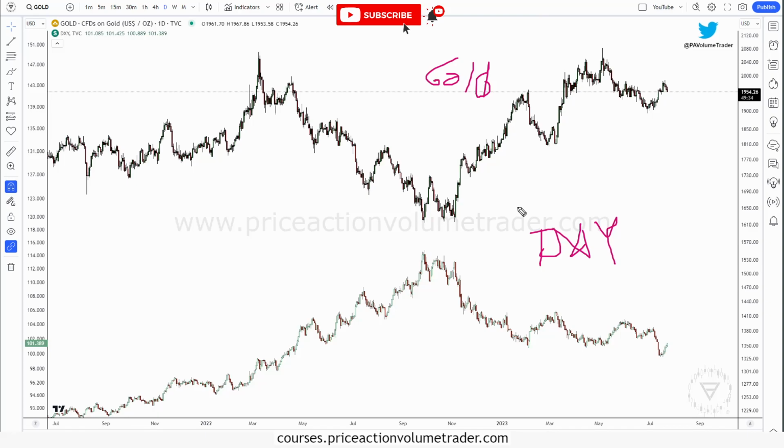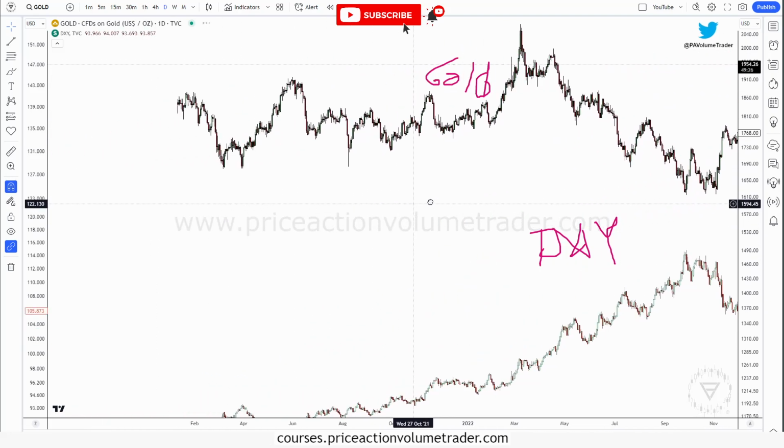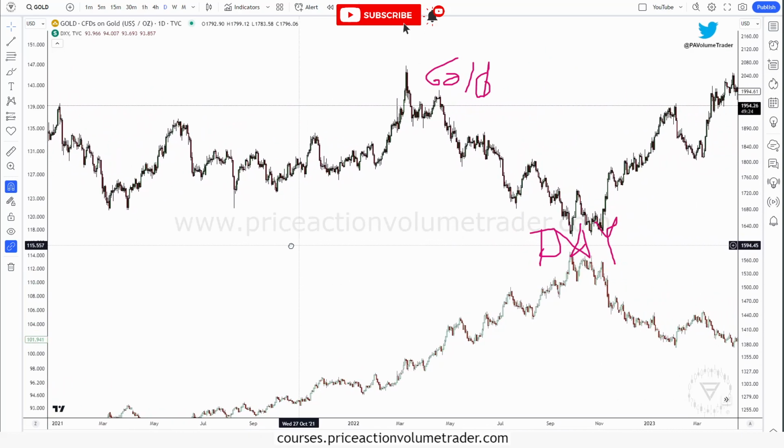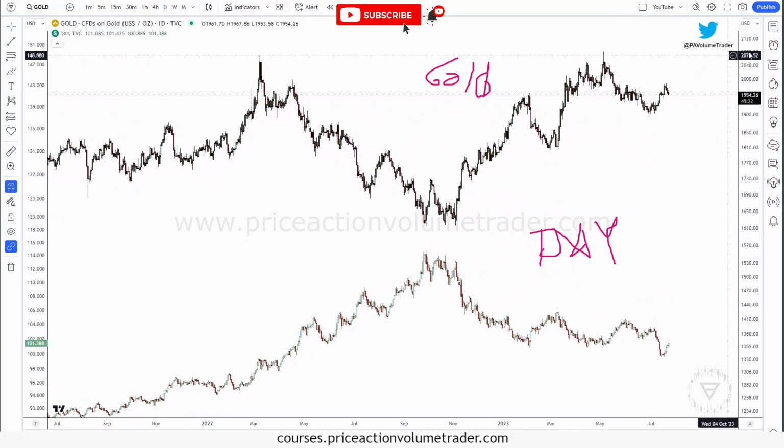Now, as we know, the relationship is not always perfect. We've been having big inflationary environments recently in the last 2 years. And you can see, for example, gold did go through a period of downtrend here from March to October of 2022.